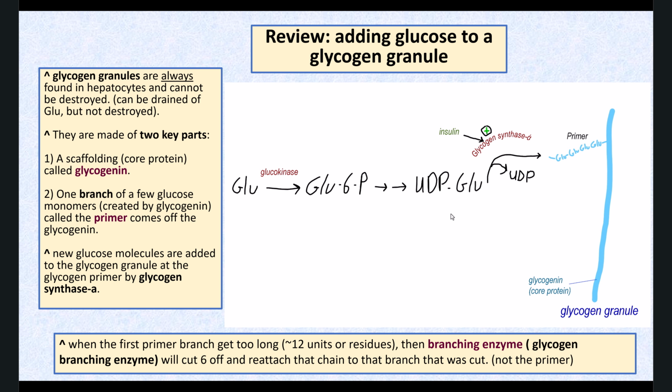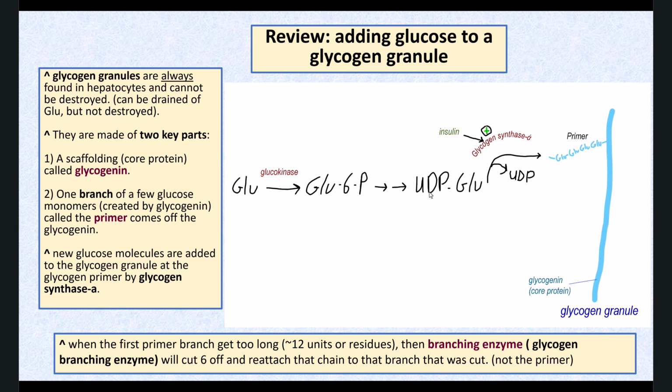All right, here's just a little cartoon, a review of how this works. There's a glucose. It gets trapped by glucokinase. This is a liver cell. The glucokinase sticks a phosphate on there, so we've got glucose 6-phosphate.